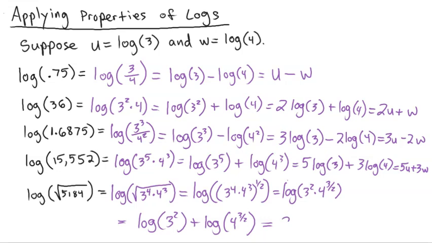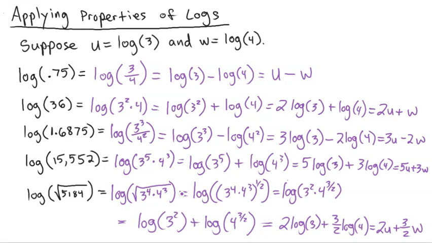And we will have 2 log of 3 plus 3 over 2 log of 4. And log of 3 is u, log of 4 is w, so we have 2u plus 3 over 2 w, okay? And that's it for these. It's a little crazy, but we're able to apply properties of logs.